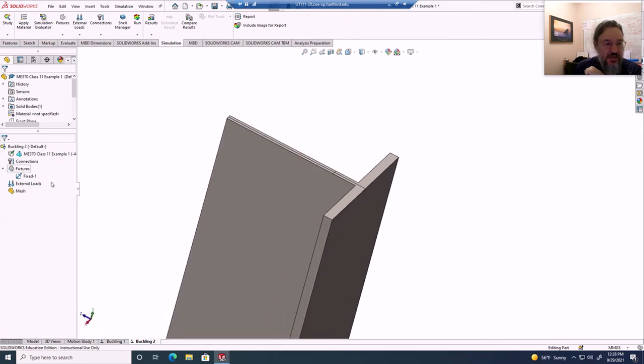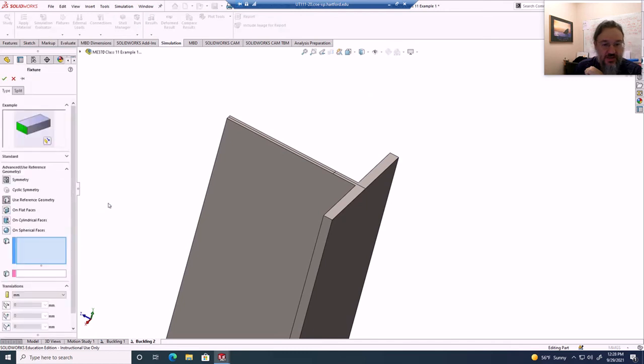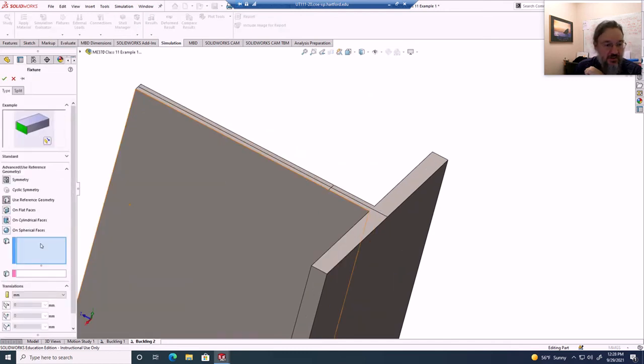So for my fixtures, I need an advanced fixture. I'm going to grab these two lines again, but now I'm going to get a reference surface, and I'm just going to use this as the reference surface.